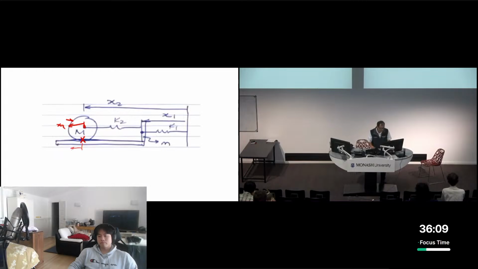This point moves with x1. Yeah? This point moves with x2.